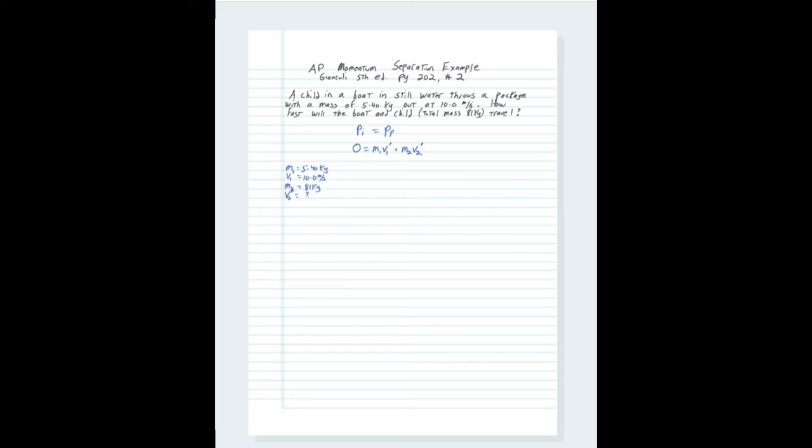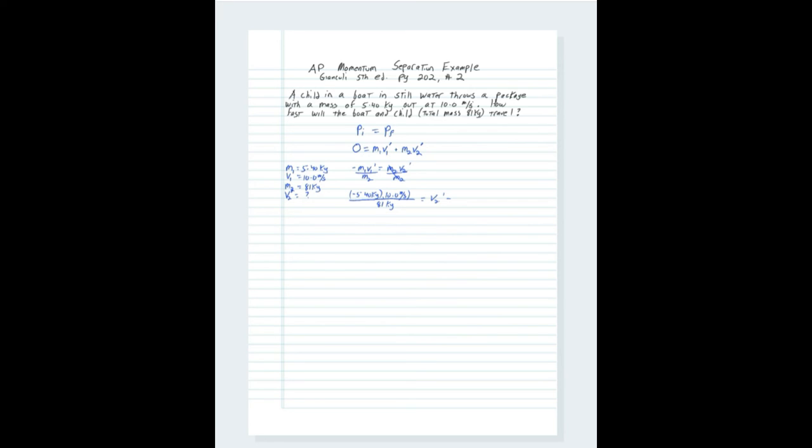So we're going to subtract m1 v1 prime from both sides, and we're going to divide both sides by m2. And now we have V2 prime by itself. We can put our numbers in. So negative 5.40 kilograms times v1 prime, which is 10.0 meters per second, and divided by 81 kilograms, and that will give us our v2 prime.